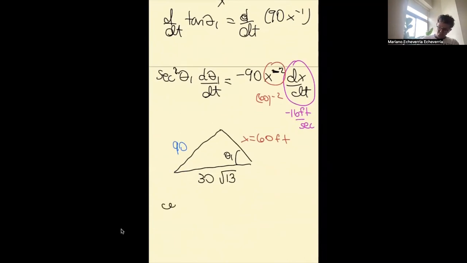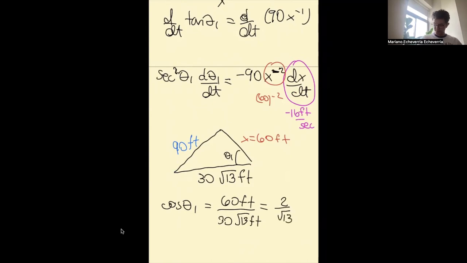So the cosine of theta 1 is adjacent, which is 60 feet, over hypotenuse. Well, that gives you 2 over root of 13, whatever that is.